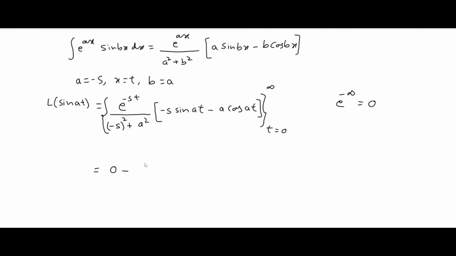Minus of the lower limit value for t will be 0. So e power of t is 0, 0 into anything will be 0 itself. So e power of 0 divided by minus of s whole square will be s square plus a square, times of minus of s, sine of t is 0, 0 into a will be 0.